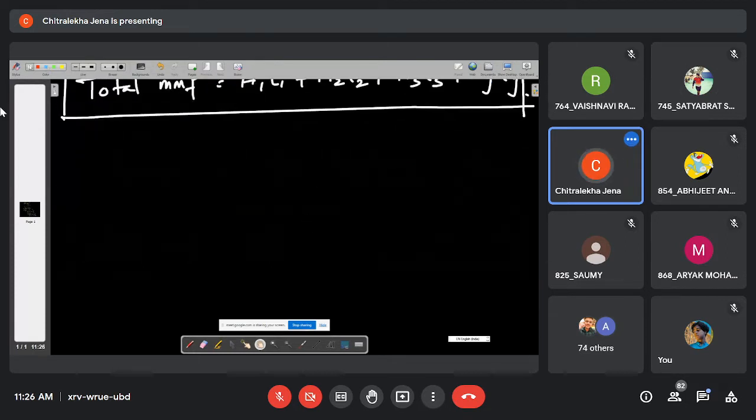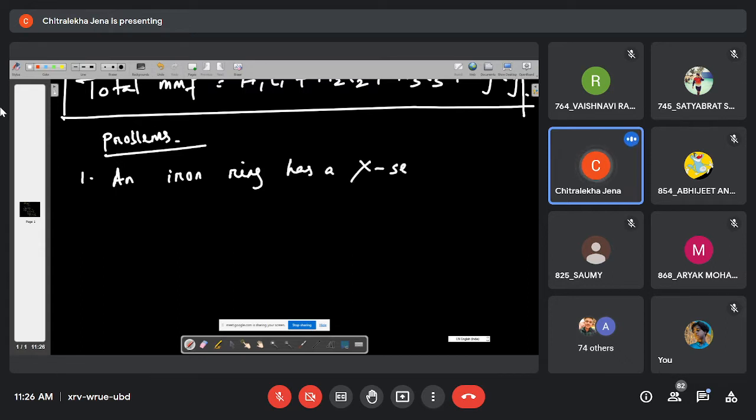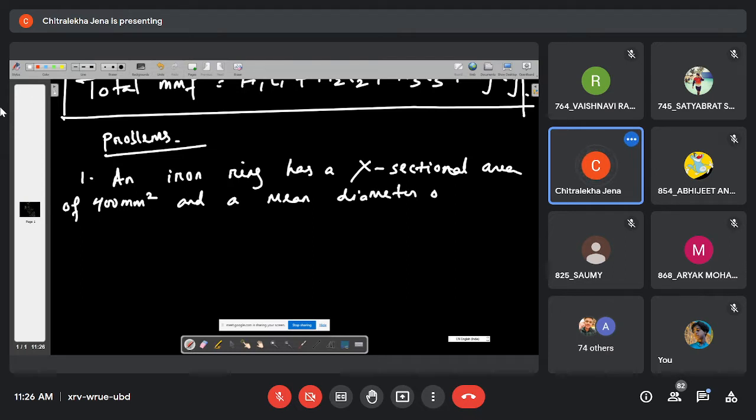Now come to problems. Here you will get problems. Definitely you are getting one or two problems. Number 1. An iron ring, write down the question with me, has a cross-sectional area of 400 mm square and a mean diameter of 25 centimeter.